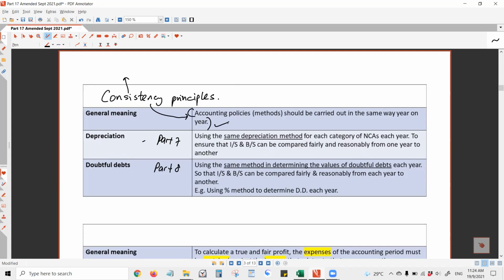And sometimes they ask you what is meant by consistency principle in the context of depreciation. I'll show you an example, you write down together.